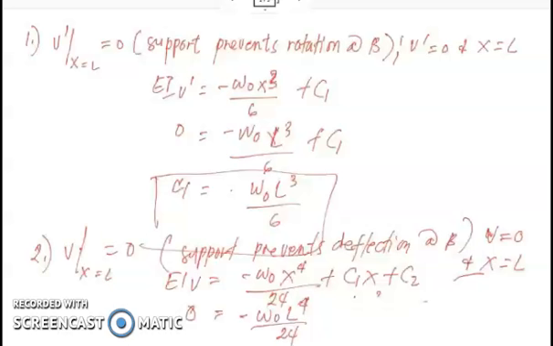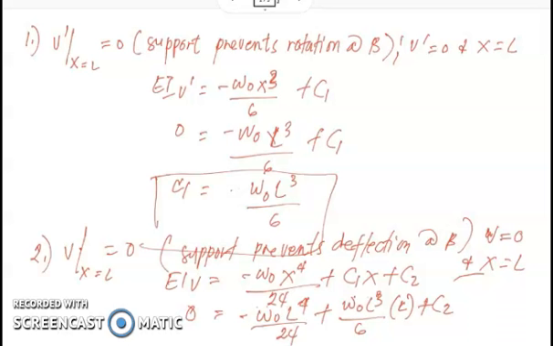So we have here w sub o L to the fourth all over 24 and w sub o L cubed times L all over 6. We simply have to get the least common denominator, which here is 24.